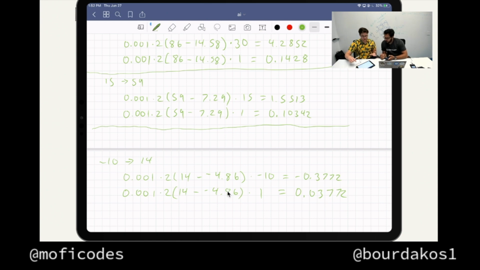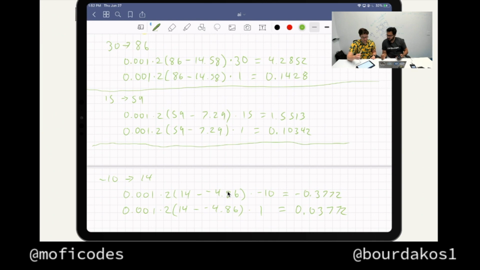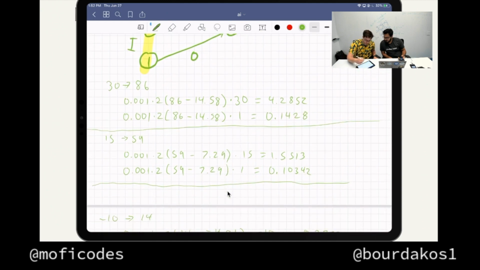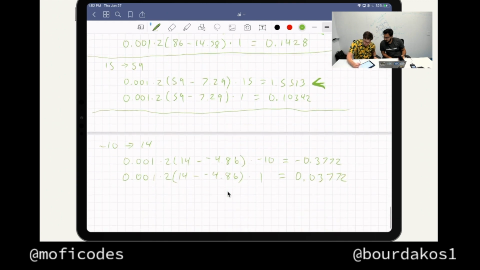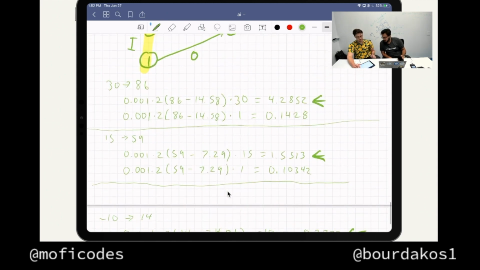Okay. So this is our first epoch. We put through all of our training values. We calculated this change, and now we actually need to update our weights. So to figure out our new weight 1, we want to add this and this together, because those are all the things that we used to calculate for the weight 1.